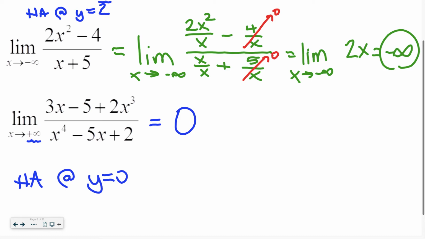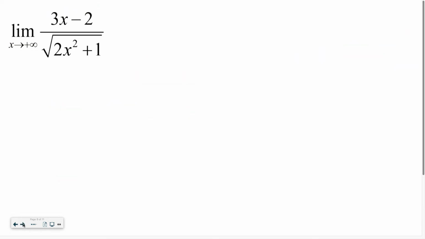Okay? So here's the deal. You're going to get a problem like this in your homework. Technically, we can't really say, you're going to have to use that divide by the degree of the denominator strategy.